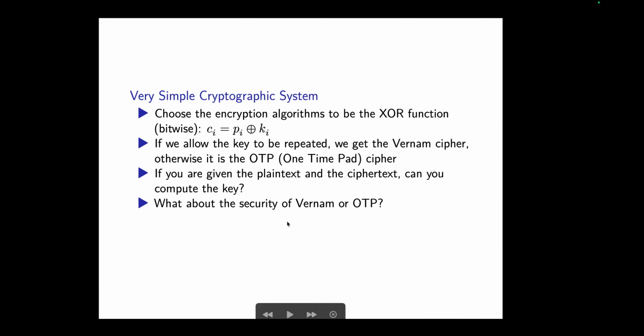So 0 with 0 will give me 0, 1 with 1 will give me 0, and if I have the opposing ones, I get 1, right? So if I calculate this, this is 1, this is 1, this is 0, and so on. Okay, so you got it.